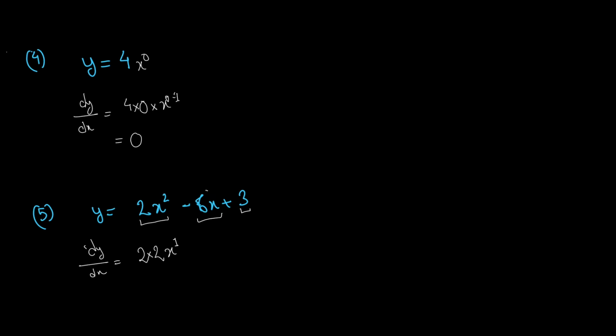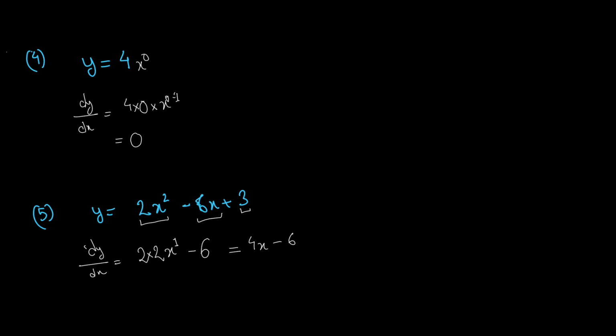We just saw in a previous example that if we have something like 6x or minus 6x, our answer after differentiation will be minus 6 only. Then we have a constant 3. We just saw in this example that if we have a constant, our answer will be 0. So after differentiating 3, our answer will be 0. Writing 0 here or not writing anything is basically the same thing. Now we can simplify our answer. 2 into 2 gives us 4, and x, 4x minus 6. This is our answer.